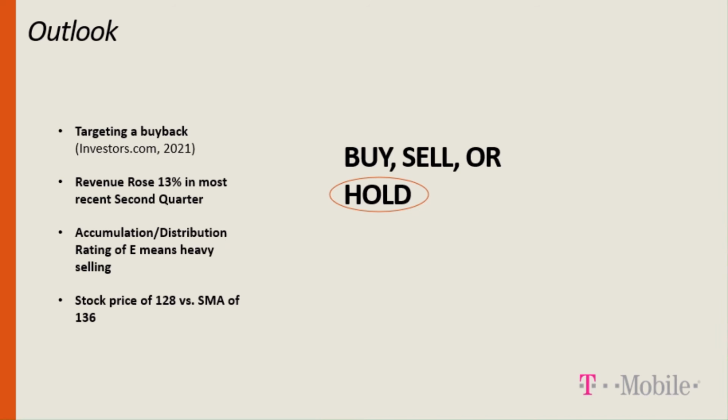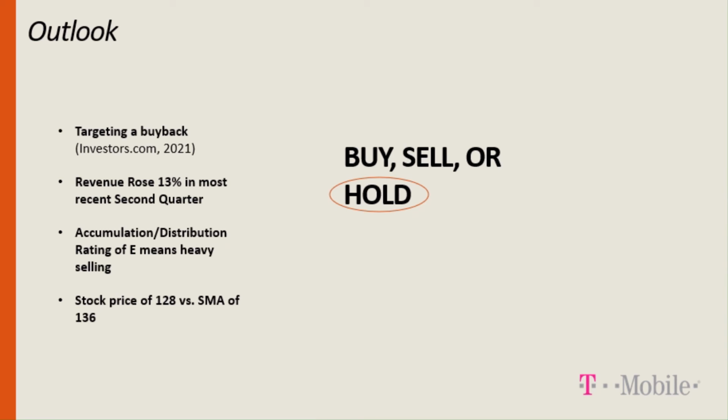And although revenue increased in the second quarter in the most recent earnings report by 13%, they still have an accumulation distribution rating of E, which means there's heavy selling happening daily based on volume.